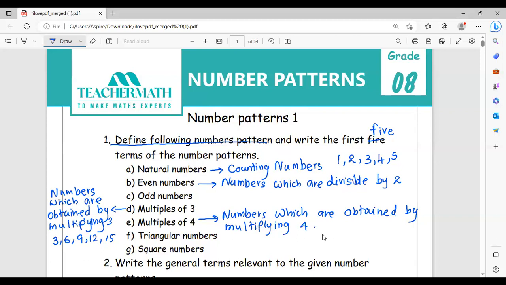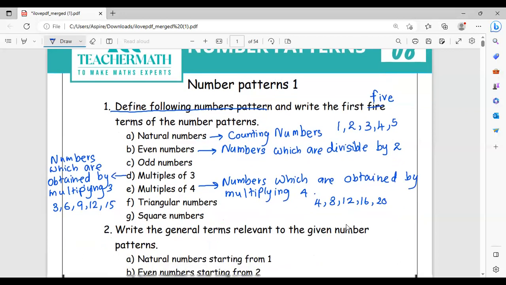Then what are the 5 terms of multiples of 4? It is 4, 8, 12, 16, 20. No? These are the numbers.